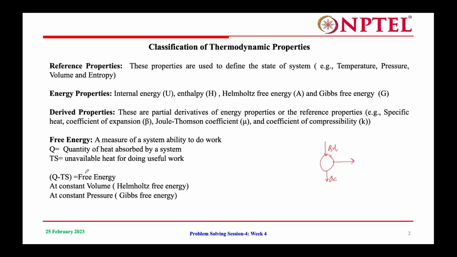So TS means the unavailable heat for doing useful work. This is the work: Q minus TS, that is the free energy at different conditions, like constant volume and constant pressure.